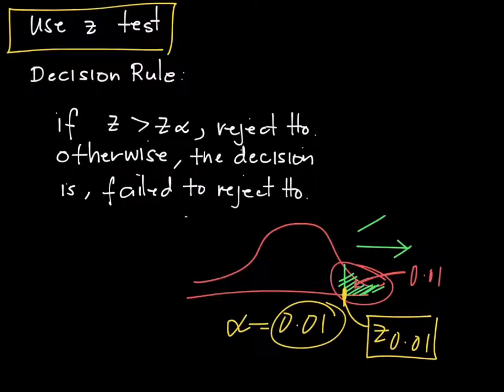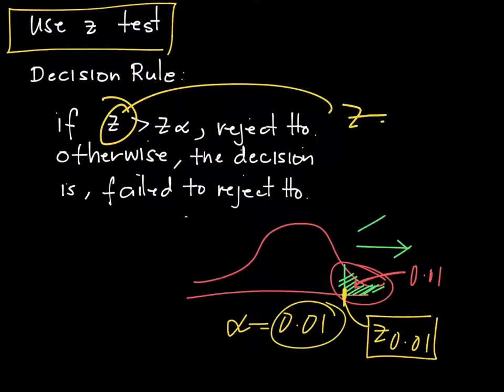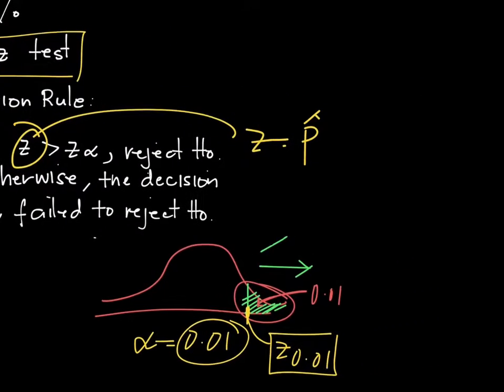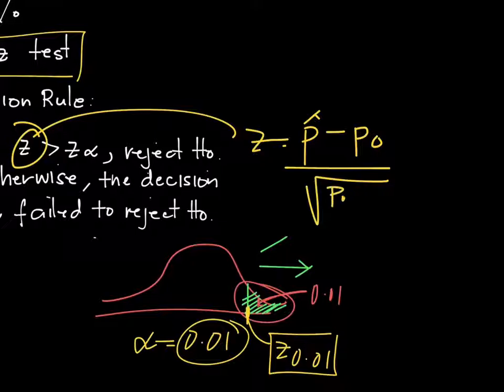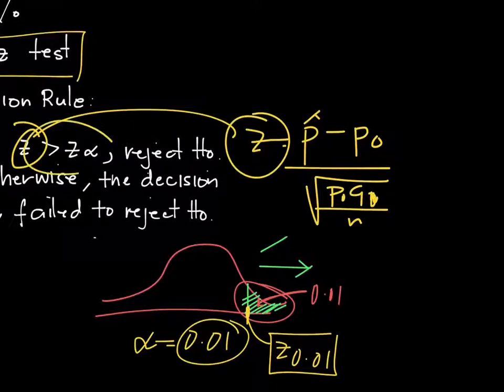Once we compute for this z value, which is given by p hat minus p sub 0 over the square root of p sub 0 q sub 0 over n, if this number z is higher than z of alpha, which is z of 0.01, then the value will fall in the critical region, that is, in the area of rejection.